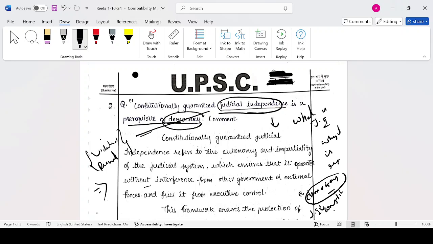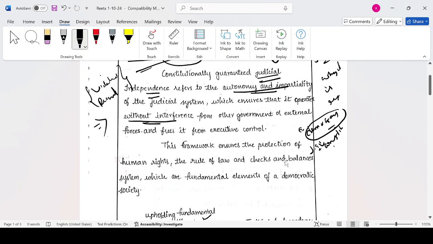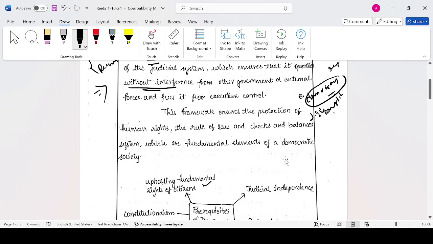If we go through this answer, we can see in the introduction, the aspirant has given a simple definition of judicial independence. She is saying the autonomy and impartiality allow the judiciary to function without interference. If the judiciary works independently, it ensures rule of law, checks and balances, and protects human rights.